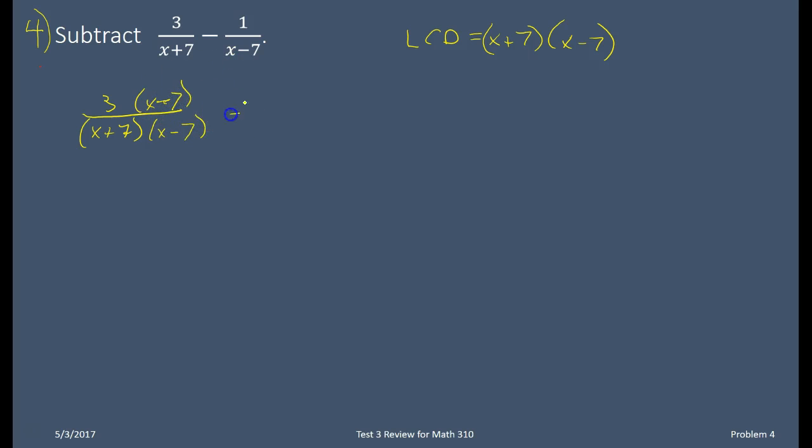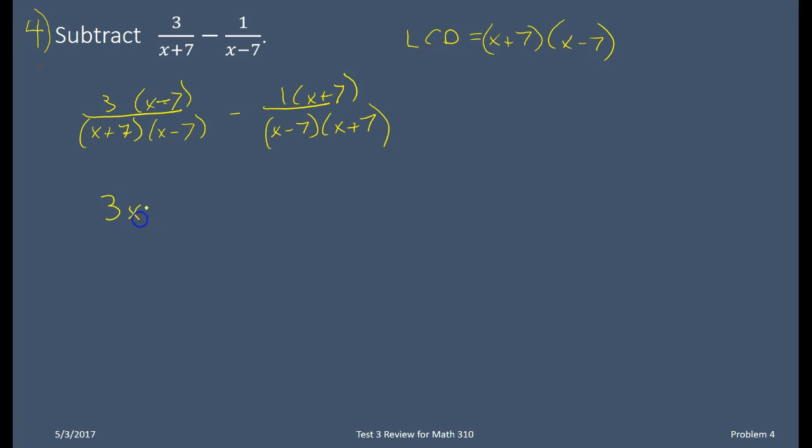And in the second, we already have the x minus 7, so we have to multiply by x plus 7 over x plus 7. And now we have the same denominator, so we can simplify the numerators.